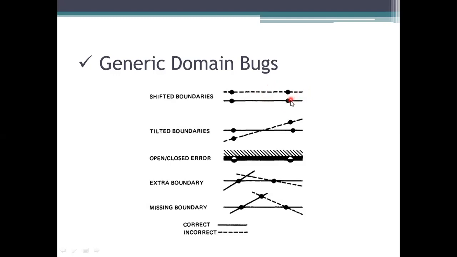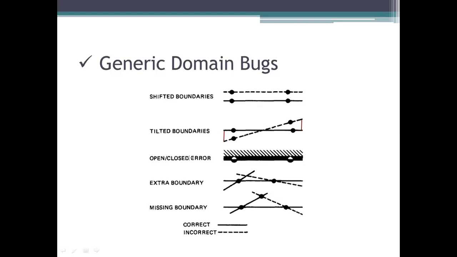So the shifted boundary means it is shifted up or down, but it won't be on the same line. Tilted means angular displacement has been done and we are including this value and this one. These values where I am pointing have been included here, but in this representation, these values are not coming under this domain.